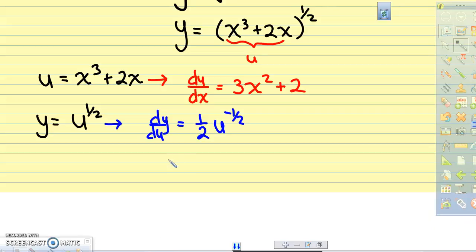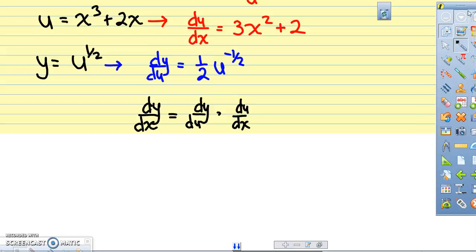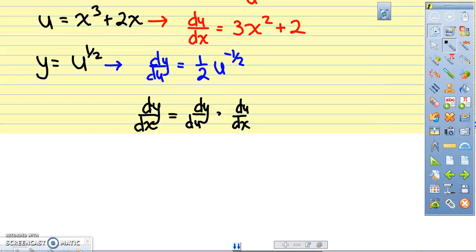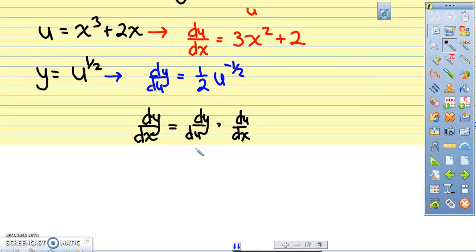So when you do dy over dx is equal to dy over du times du over dx, we just start plugging in what we found.